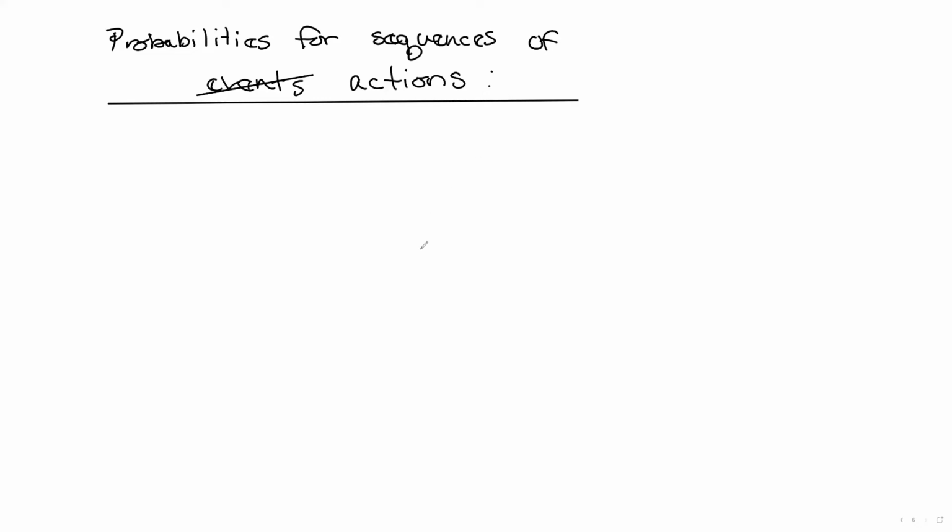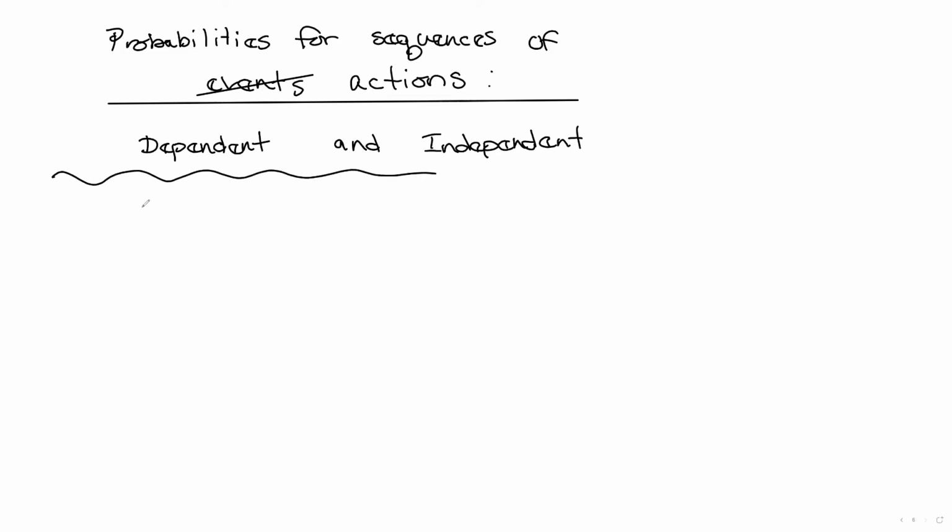So what we're going to look at is 2 possibilities: dependent and independent. We're looking at sequences of actions. We're going to do independent first.